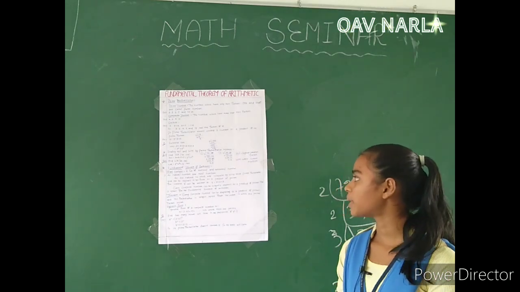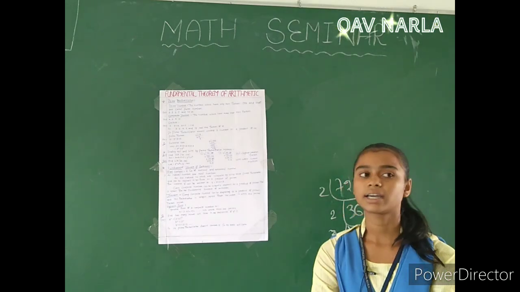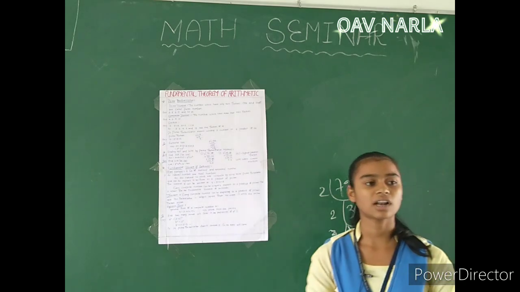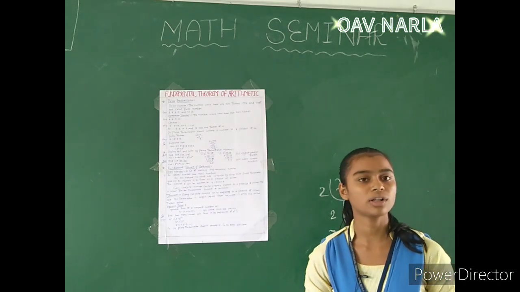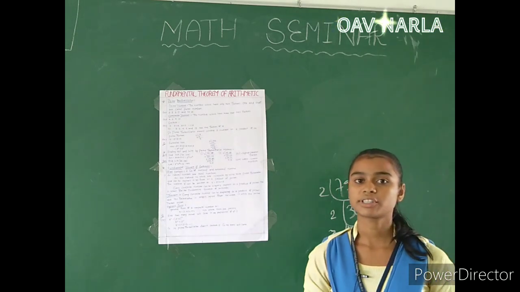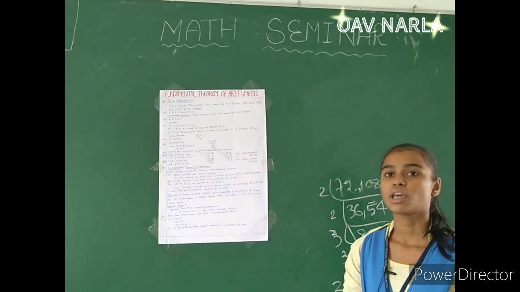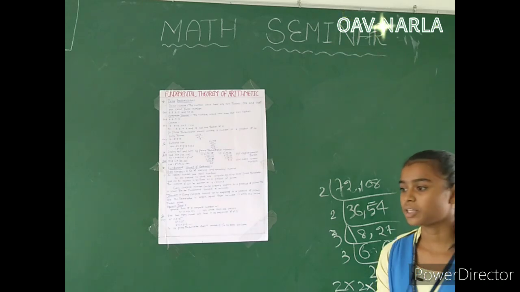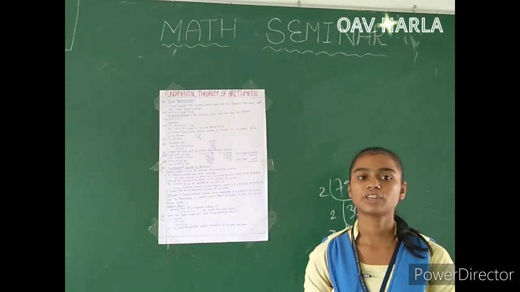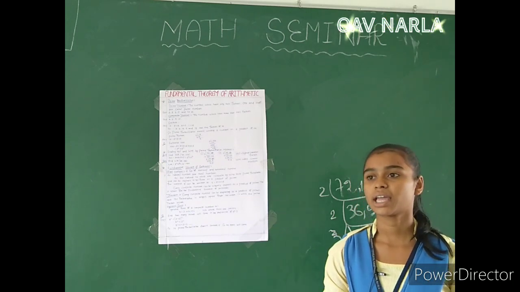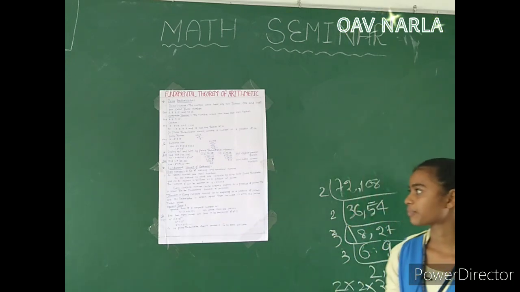Now the fundamental theorem of arithmetic. We know that the set of rational and irrational numbers is called real numbers. So we can say that all the natural numbers are real numbers. All the natural numbers which are composite, by using the prime factorization method, we can write as a product of primes.